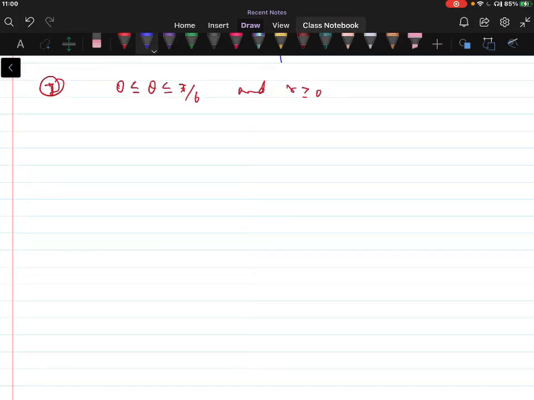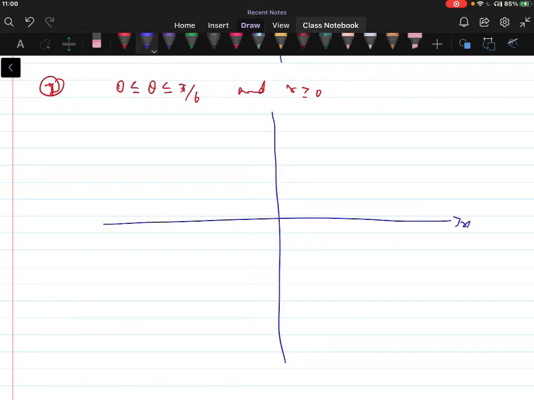We will plot the points where theta lies between 0 to pi by 6 and r is positive. So r lies in the first quadrant and theta also lies in the first quadrant of the plane. So let us have the coordinate system with the x-axis and y-axis, this first quadrant here. So let us fix the origin O and draw the initial ray from the origin.